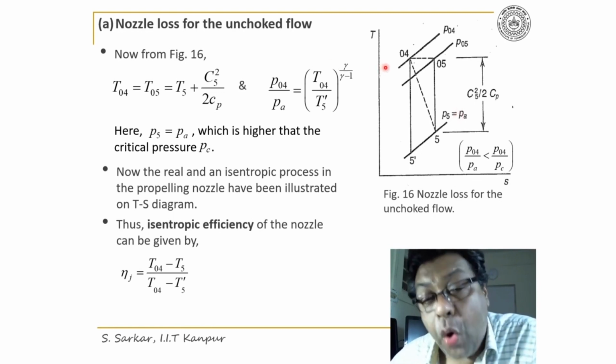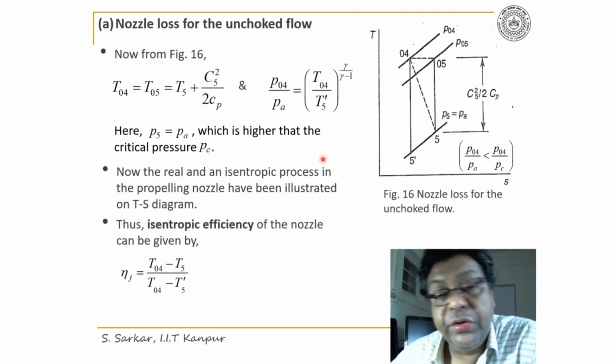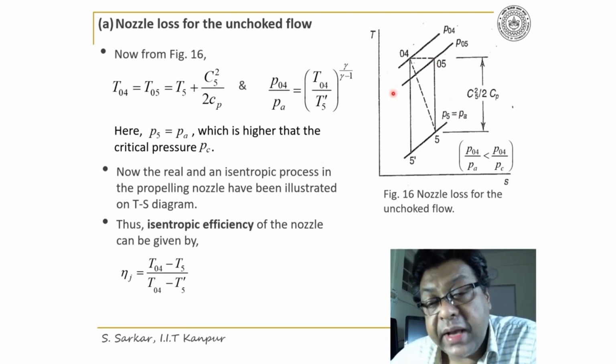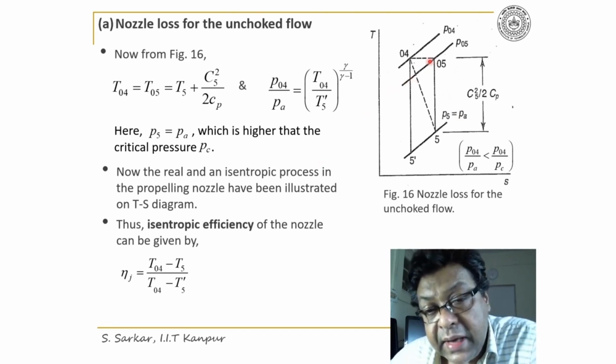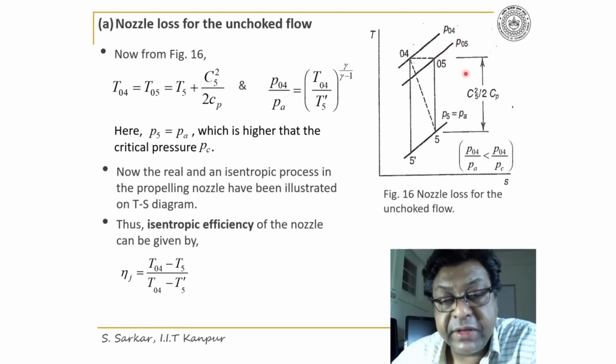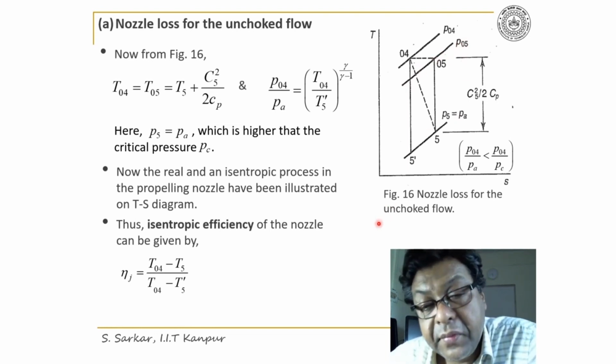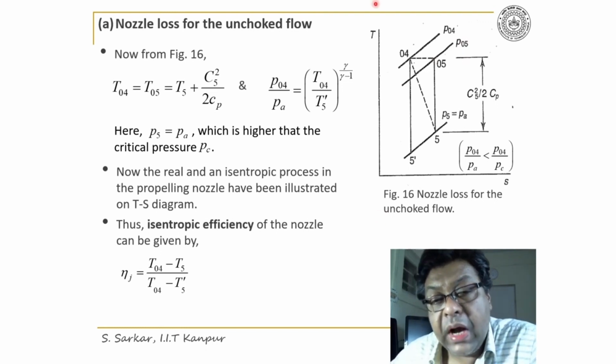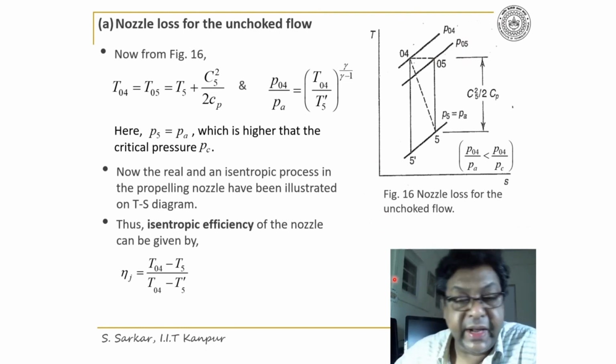Again, T04 is equal to T05, and thereby I can get P05, which has been expressed here. Now I have drawn the T-S diagram.